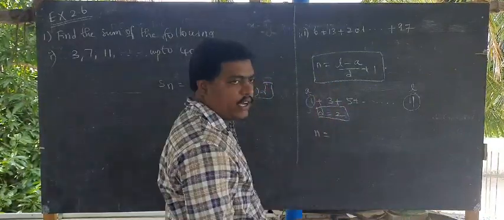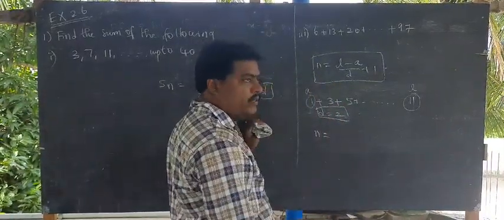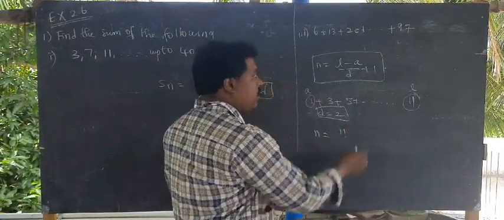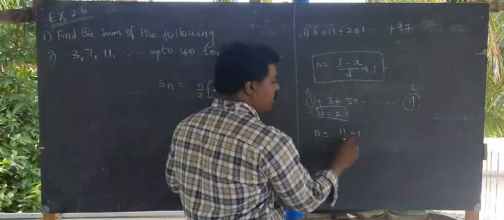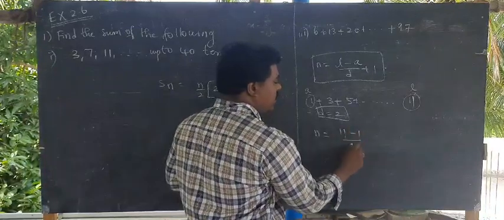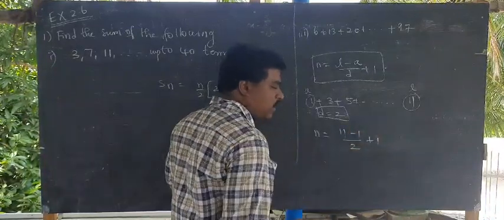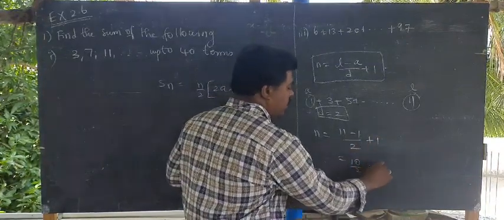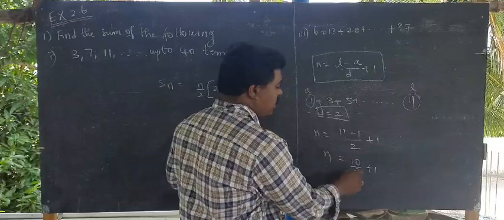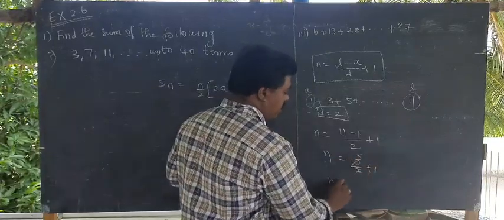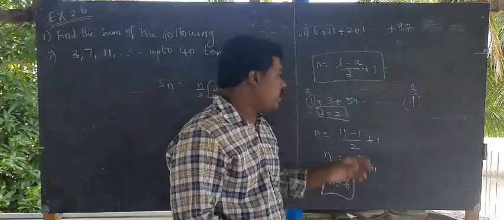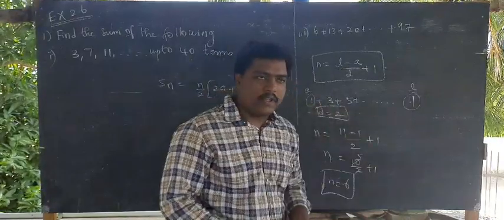To find n we use this formula. Last term is 11, first term is 1, difference is 2: 11 minus 1 is 10, 10 by 2 is 5, plus 1, n equals 6. So we have 6 terms.